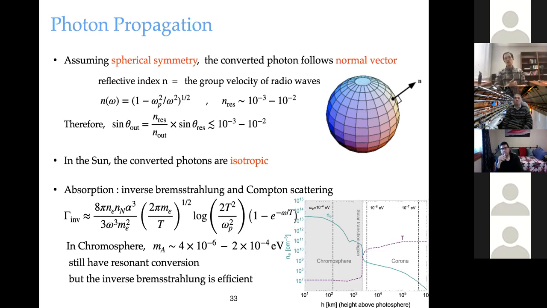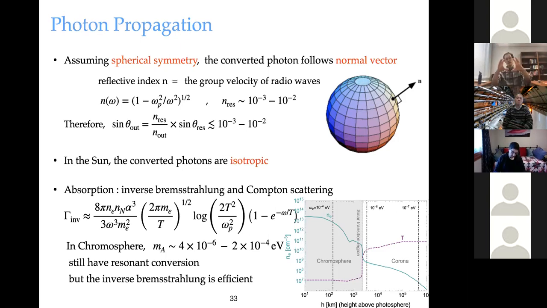After the photon travels outside the resonance region, its n is roughly 1. Before, your sine theta is 1 times a very small n. Now your n becomes 1, so your sine theta becomes small, smaller than 10 to the minus 3 to 10 to the minus 2. So immediately after they travel outside the resonance region, they just move in the normal direction.